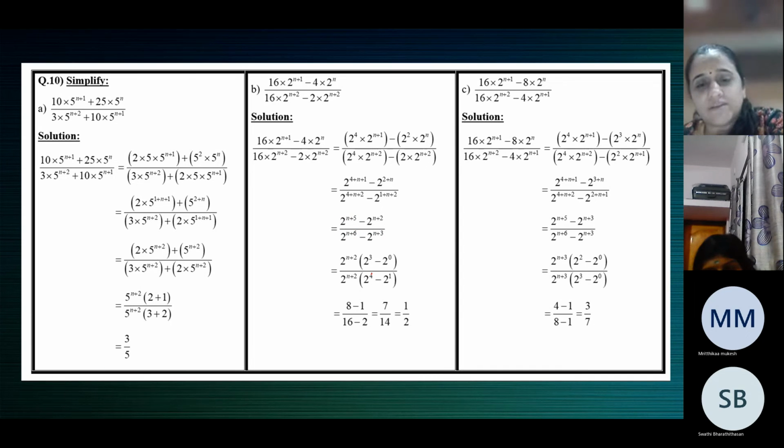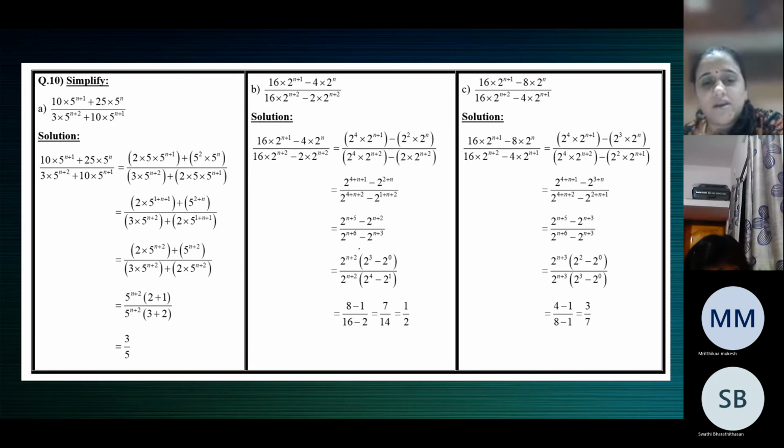Anything can be taken out common and you will get the answer. But among n plus 2, n plus 3, n plus 5 and n plus 6, n plus 2 looks like the simplest, the smallest one. Take that out common in both the numerator and the denominator.